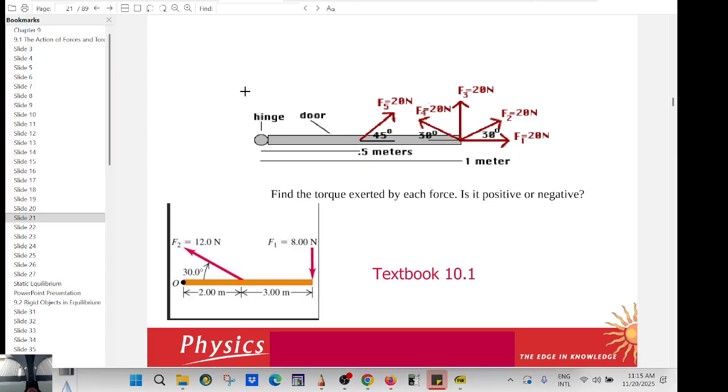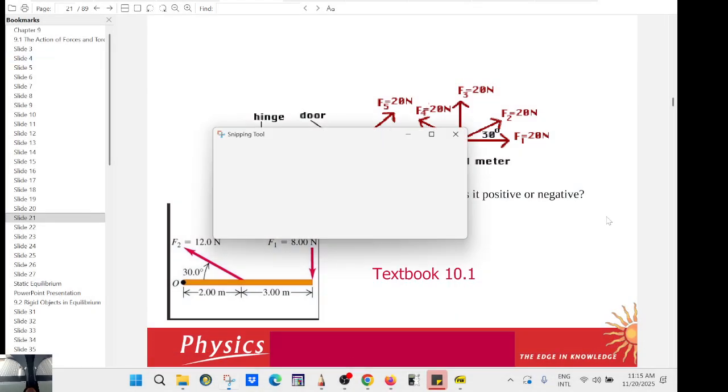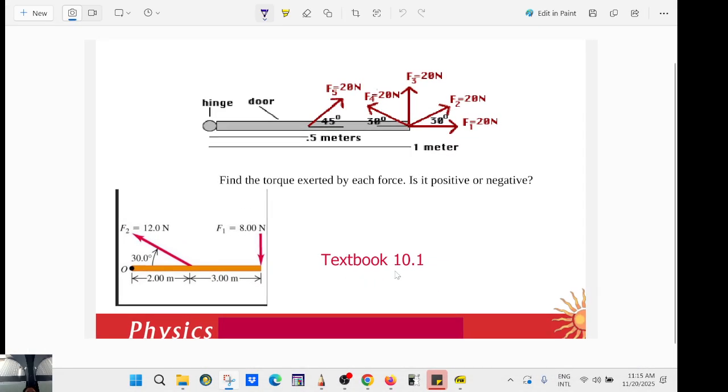So, for example, we are doing chapter 10, right? In that case, the torque applied by F2 about, you have to use your axis of rotation. The torque won't be the same depending on the axis of rotation. And sometimes you are the one who decides where your axis of rotation is.